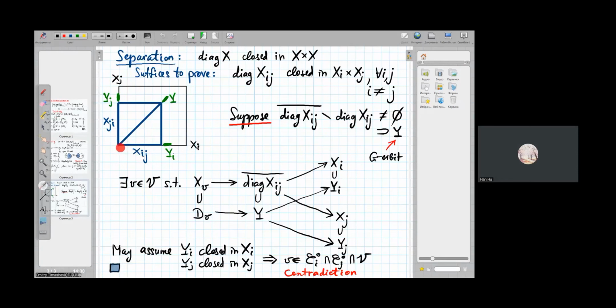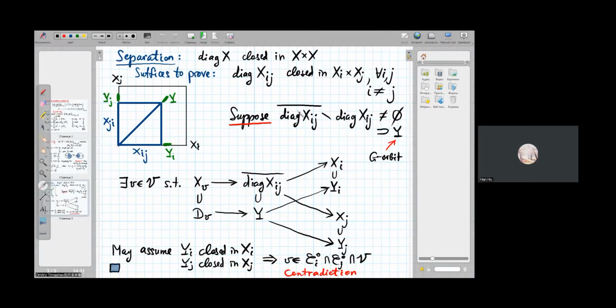It may also shrink, but it is harmless, because we would still have that this orbit is in the closure of what is left, because it sits in the product of the shrunk Xi and the shrunk Xj. We just consider Y and not the other part of the diagonal, right?